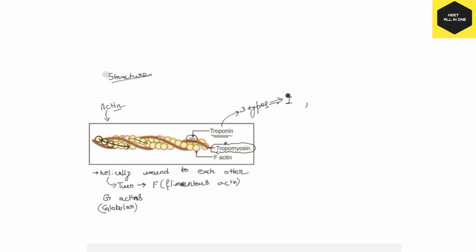I, T and C. Now of these three, troponin C is the site for calcium binding. Troponin T is the site for attachment of troponin with tropomyosin.